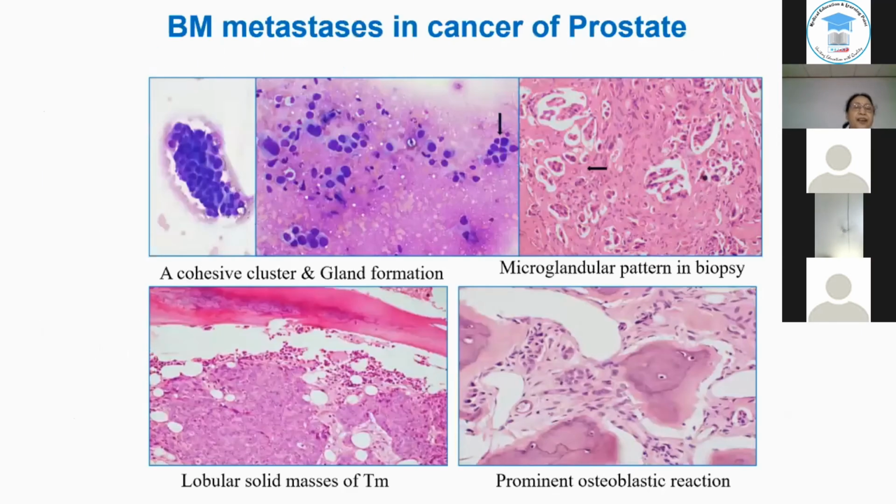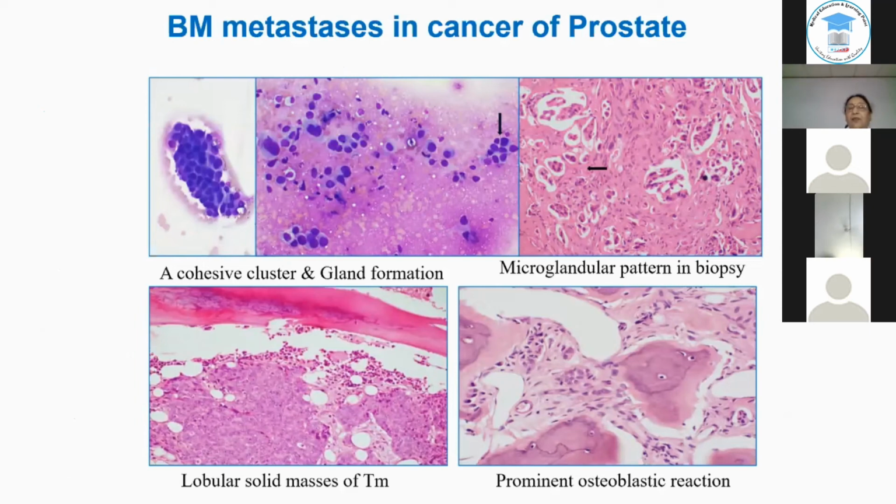So in the aspirate, you may get a cohesive cluster, or you may see discrete cells with occasional gland formation, as you can see here, microgland formation.